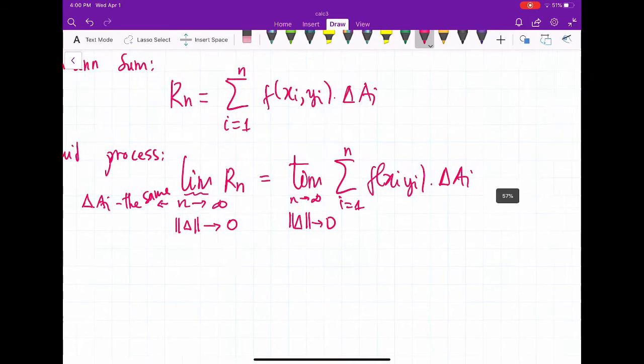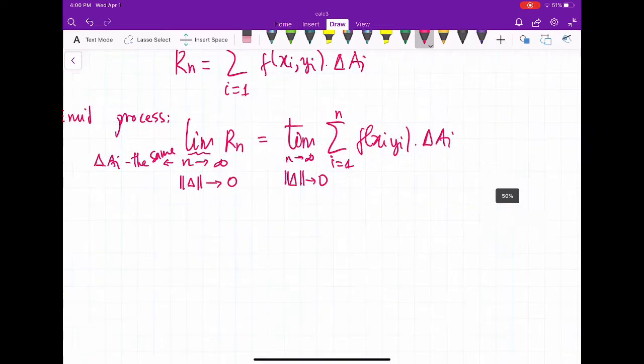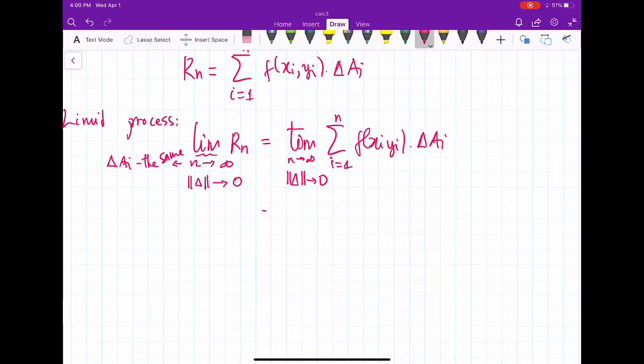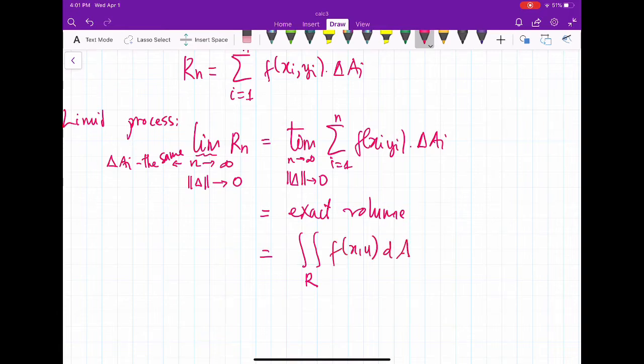And then if this limit exists, this gives you the exact volume of the solid region. And this is denoted by the double integral on the region R of the function f of x, y dA.